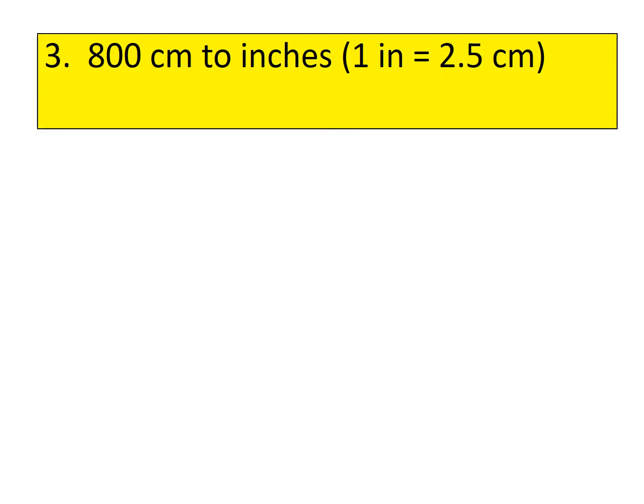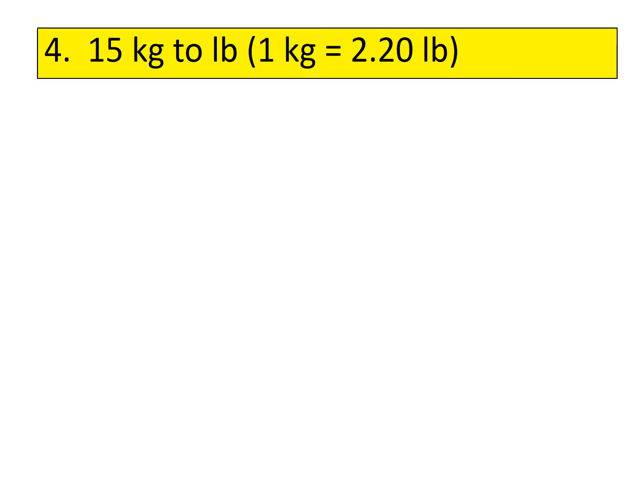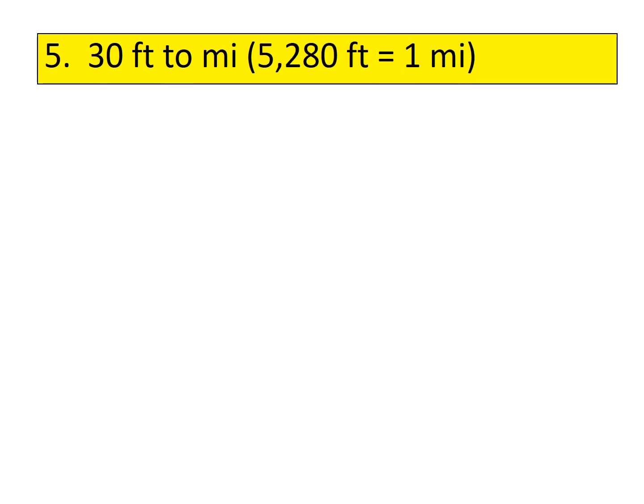The third one is 800 centimeters to inches, and I gave you 1 inch is 2.54 centimeters. You can also use a conversion sheet. And 15 kilograms to pounds. 1 kilogram is 2.2 pounds. And the last one is 30 feet to miles, and given that 5,280 feet is 1 mile.